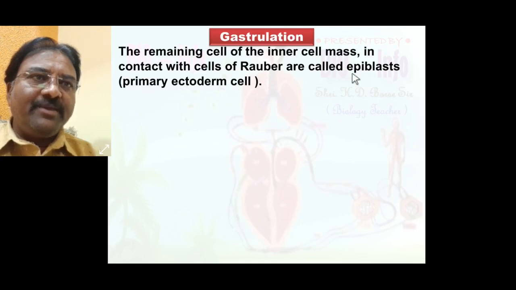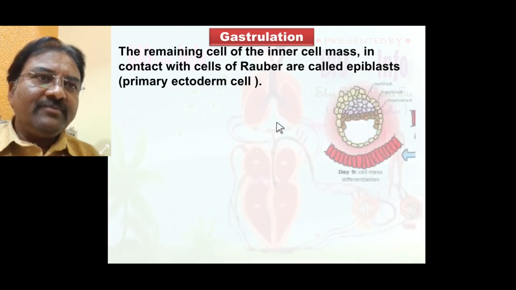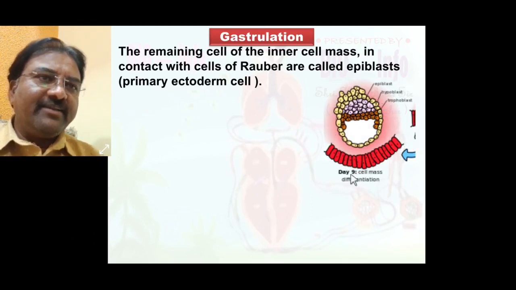Because from epiblast cells the ectoderm develops, so they are called primary ectodermal cells. Now here we can see the endometrium and the implanted blastocyst.